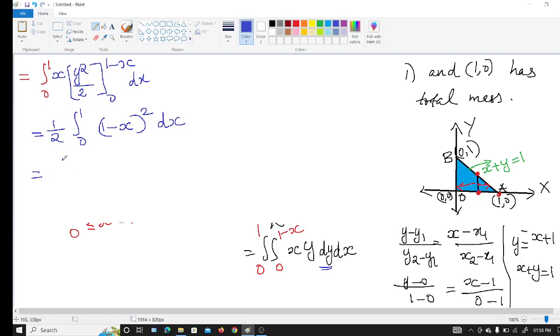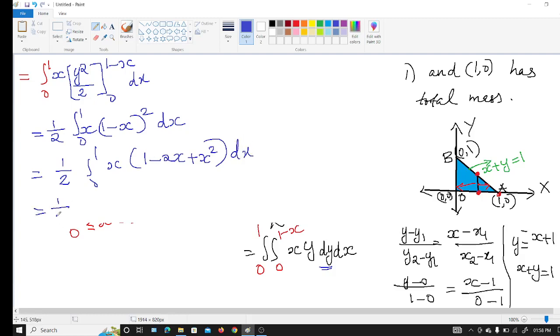Now this is equal to 1 by 2, and you can integrate this. Here x is there, so this is the integral from 0 to 1 of x into, expanding using (a minus b) the whole square, (1 minus 2x plus x square) dx.